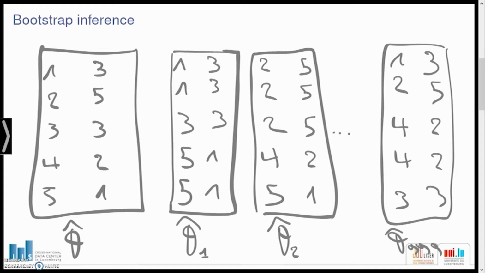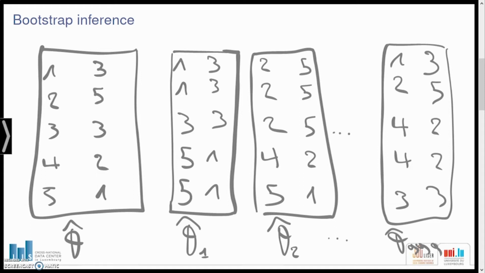So these are bootstrap samples, drawn with replacement from the original sample. And the idea of bootstrap inference is to actually use those replicated values, so the distribution of those replicated values, to make inference about the sampling variability of our original estimate.